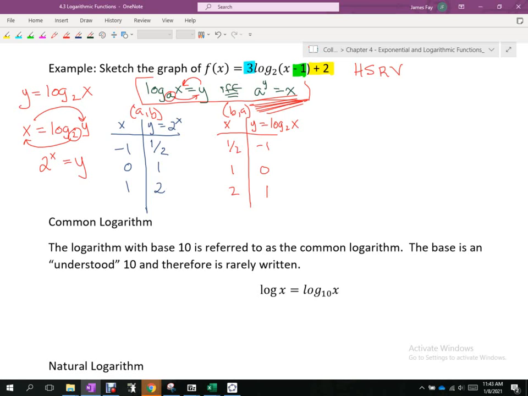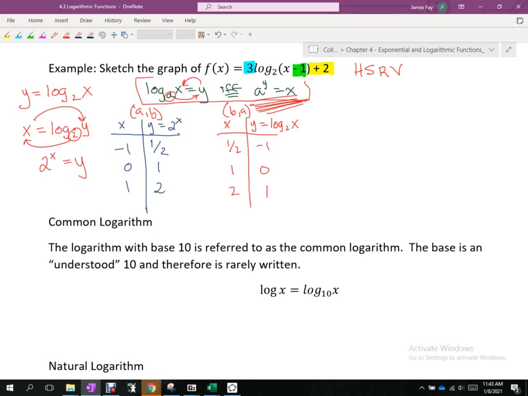Does that make sense? If I always do it that way, dependency will always be abided by. Okay? H stands for horizontal movement, S stands for stretching, R stands for reflecting, and V for vertical movement. Okay? Do them in that order.